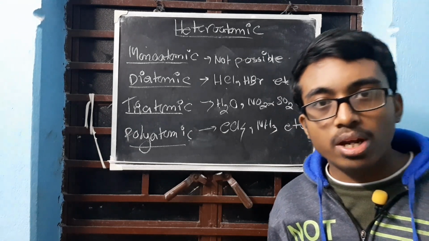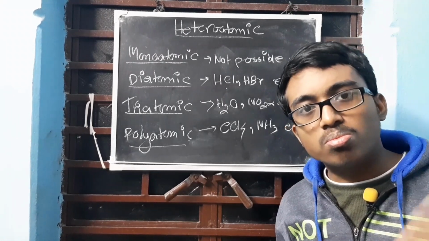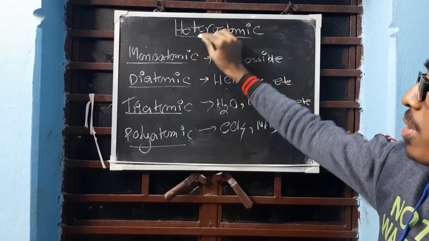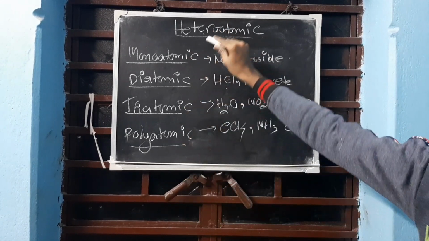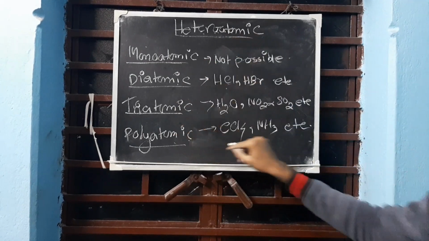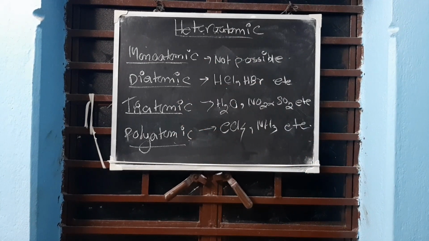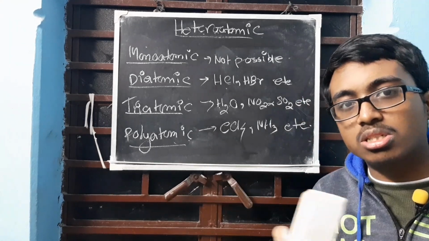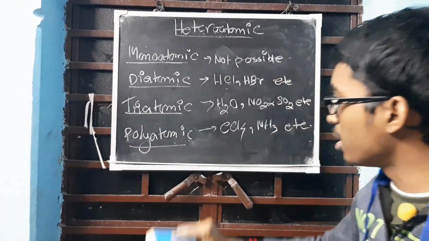If you write oleum, it will become something again. So its whole category is polyatomic. So heteroatomic monoatomic is not possible. Heteroatomic diatomic is this, heteroatomic triatomic is this, heteroatomic polyatomic is this. Examples are generally not asked in the question. Done. This was all to discuss on the categorization of molecules.